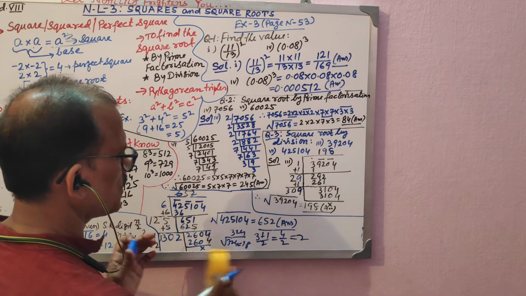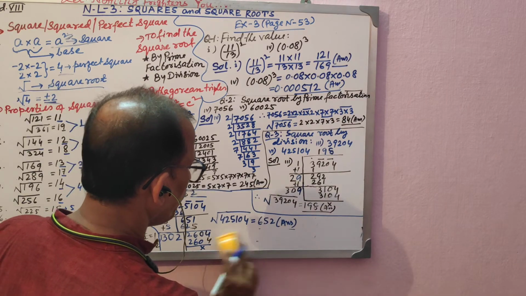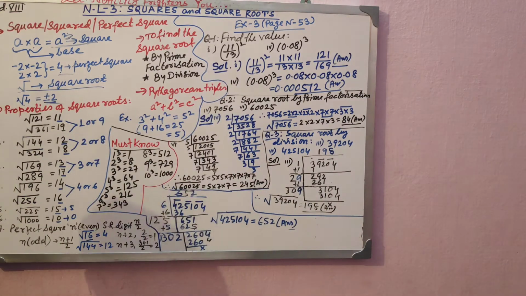I hope you have understood this. It's very simple. If a perfect square number has n digits and n is even, the square root will have n by 2 digits, and if n is odd, the square root will have n plus 1 by 2 digits.